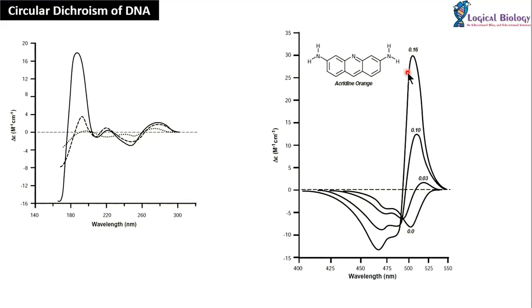So circular dichroism can be used for different applications, where DNA is binding with proteins, protein-protein interactions, drug-DNA interaction or drug-protein interaction, and secondary structure determination. Circular dichroism is one of the very important biophysical techniques which gives us very good data about the structural aspects of biomolecules in very less time, and with less mathematics than other spectroscopic techniques, right?